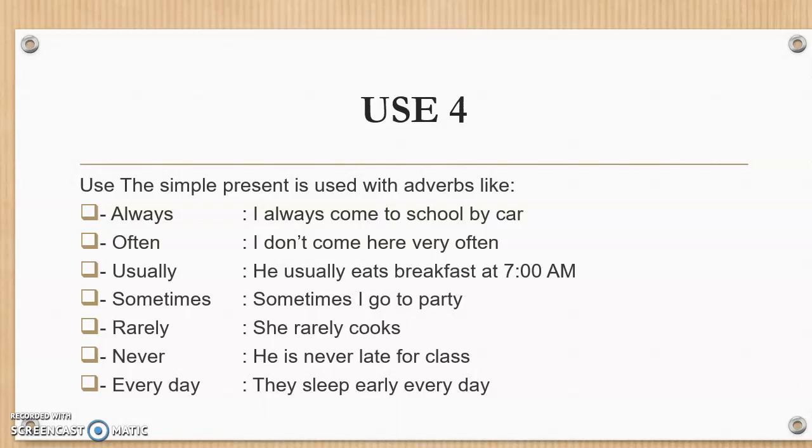I always come to school by car. I don't come here very often. So in these examples, always, often, usually, sometimes, rarely, never, every day are part of the simple present.